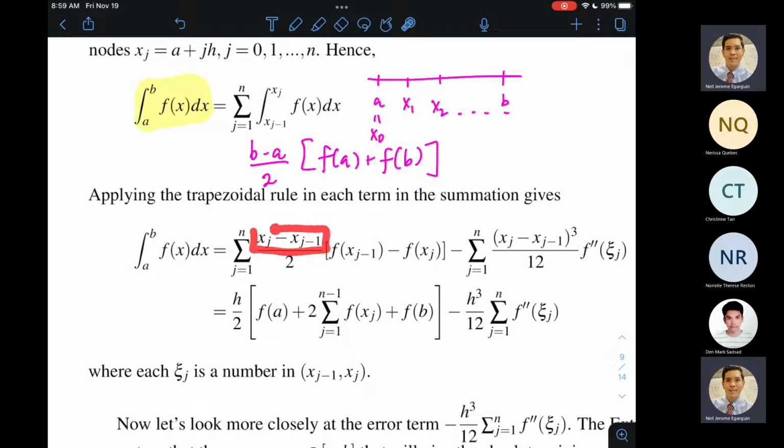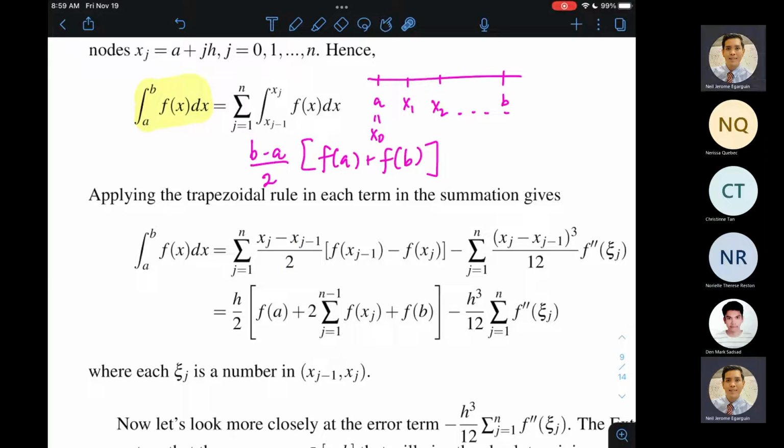And hence, that's how we got here. Tapos sabi ng formula, i-divide natin by 2. Alright? So kasi nabago na ngayon yung interval, hindi na a, b. X sub j minus 1 hanggang x sub j na lamang. But nevertheless, the first factor should be the length of the integration subinterval divided by 2.